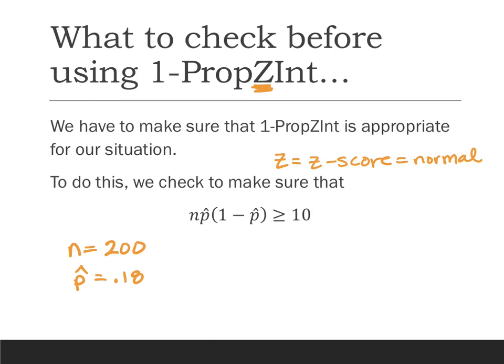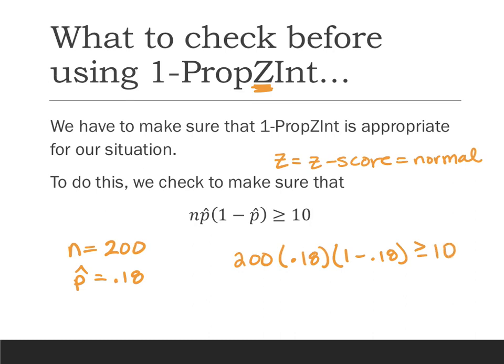That was in our first video. We found the p hat value, and so I would need to make sure, does 200 times 0.18 times 1 minus 0.18 give me a number that's greater than or equal to 10?